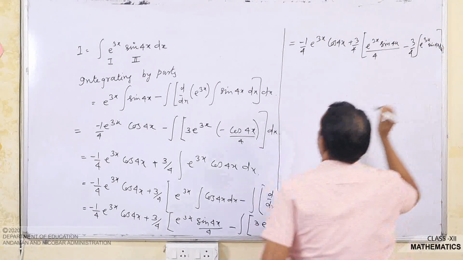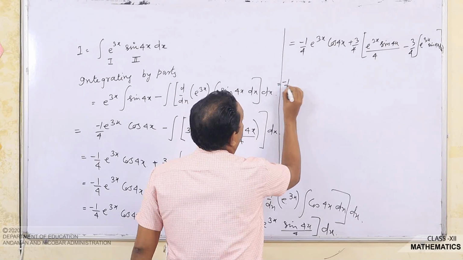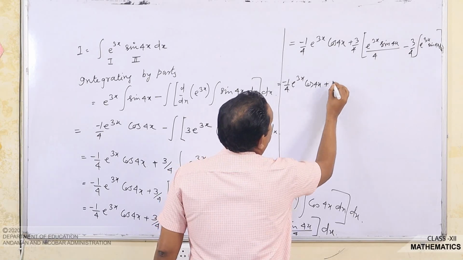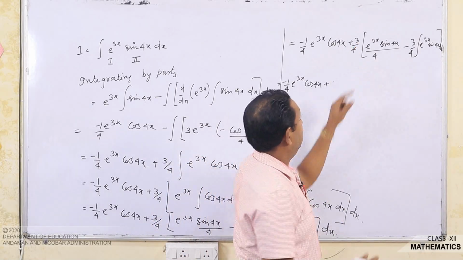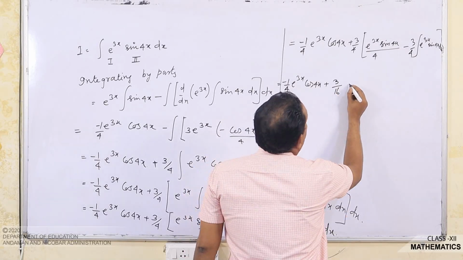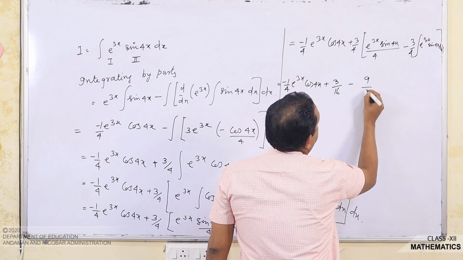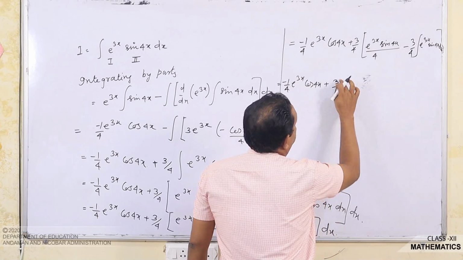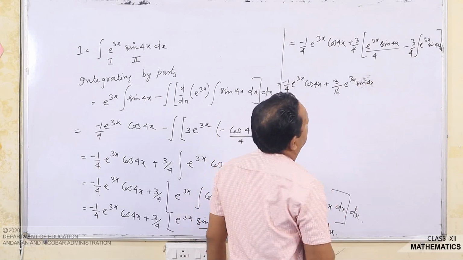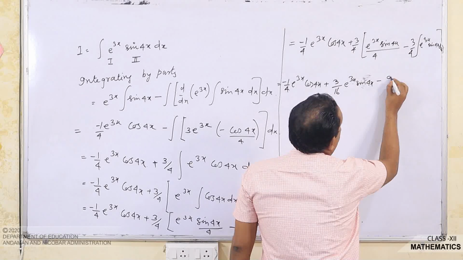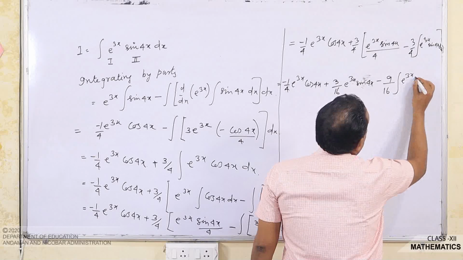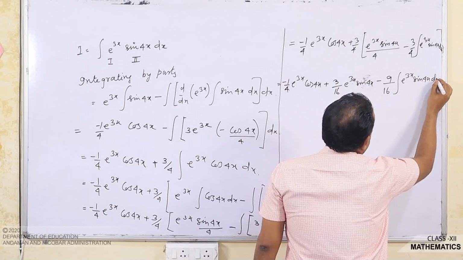Here I close it. So, this means we have 1 by 4 e power 3x cos 4x plus 3 by 4, that means this is 3 by 16, plus, or you can keep minus 9 by 16, 3 by 16 e power 3x sin 4x, and this is minus of 9 by 16 integration of e power 3x sin 4x and dx.